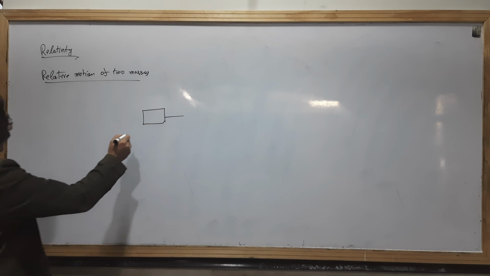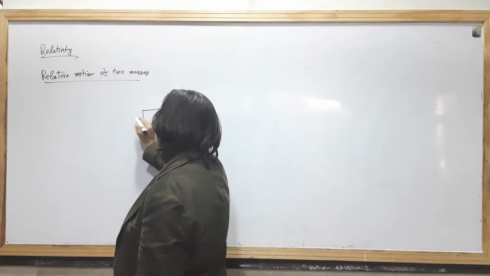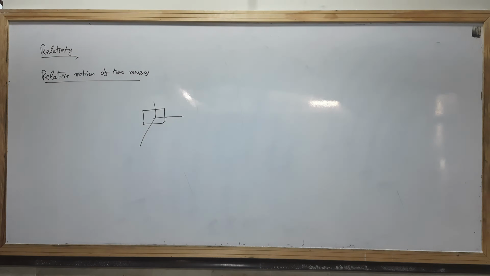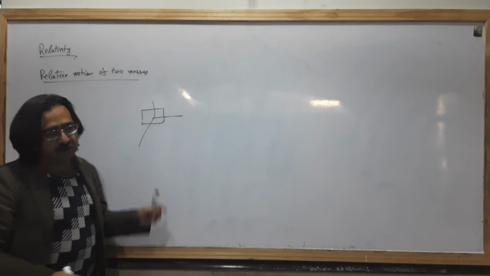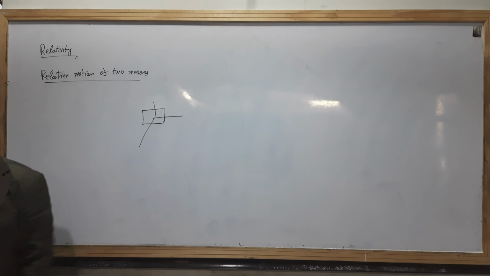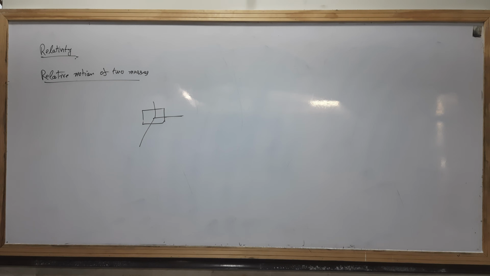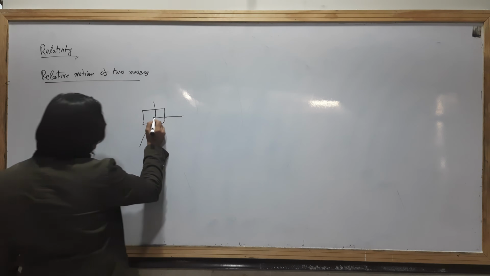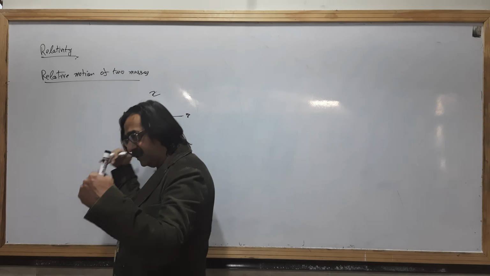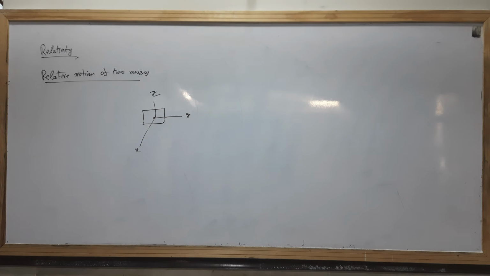For example, if this car is moving, and you use it as a reference point while studying this motion, and you attach reference axes, x-axis, y-axis and z-axis, and treat it as a frame of reference, then this car will be treated as a frame of reference, because इसके center में जो भी आपने axis बनाया है, x, y and z, वो उस कार के साथ attached है. आप imagine कर रहे हो ना, वैसे तो कार आप as a reference use कर रहे हो. So this axis will be defined as a frame of reference.